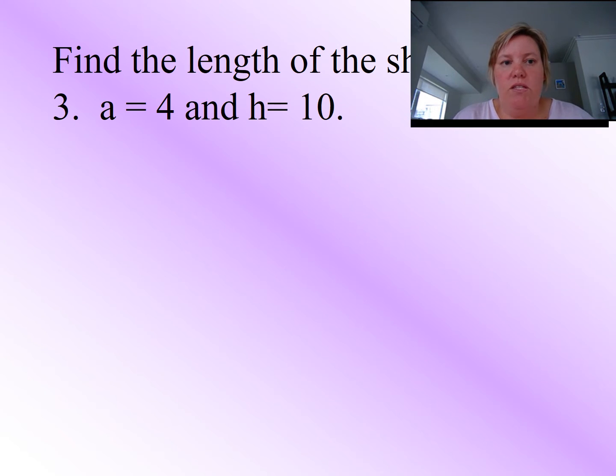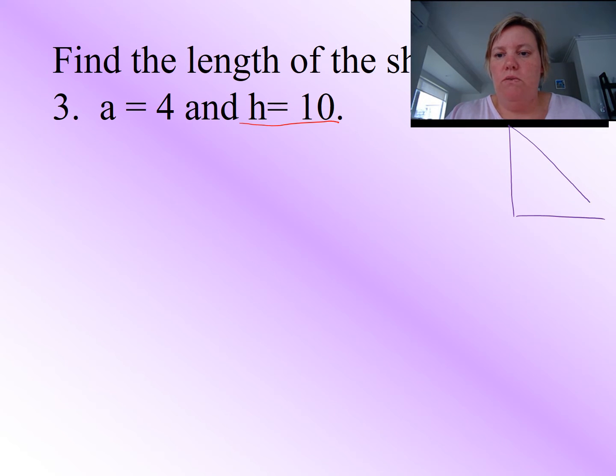All right, so let's have a look at this first problem. We're going to find the length of the short side if one of the short sides is 4 and the hypotenuse is 10. So let's draw a figure of this. Here's my triangle. I've got a hypotenuse of 10 and a short side of 4, and I'm looking for this one here.